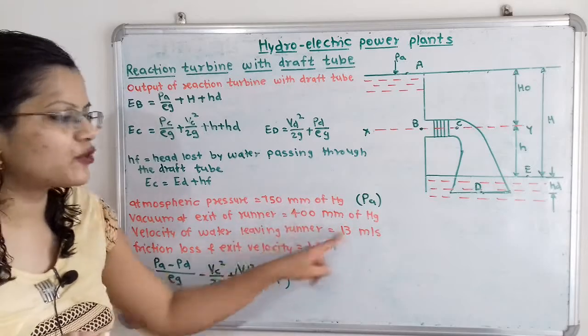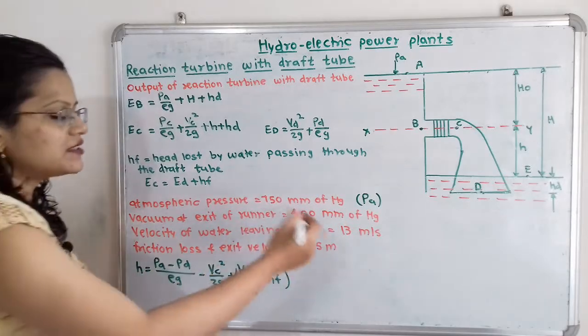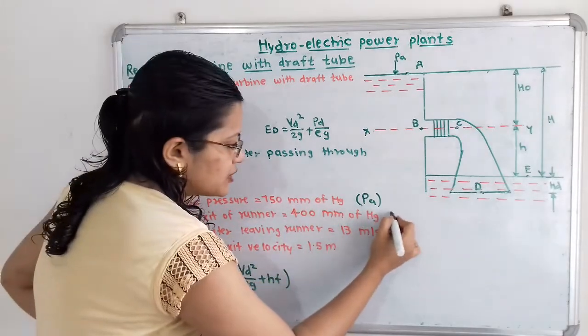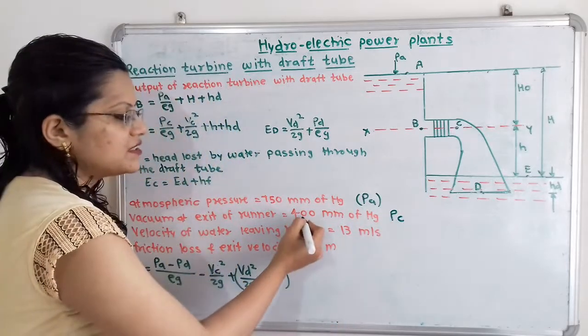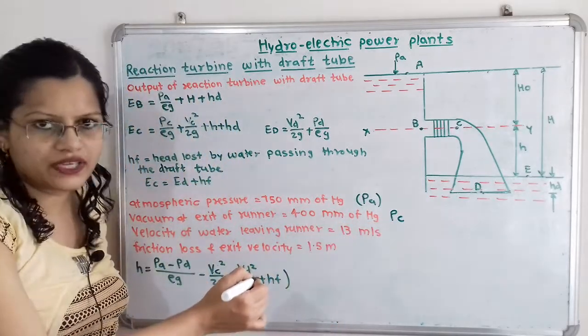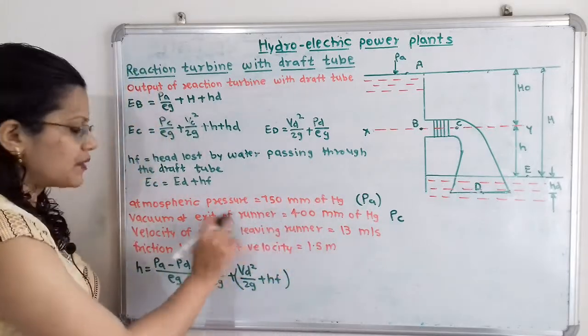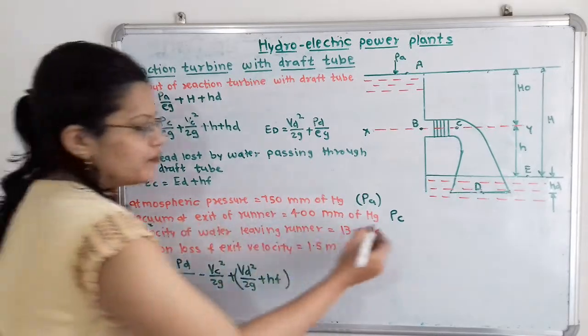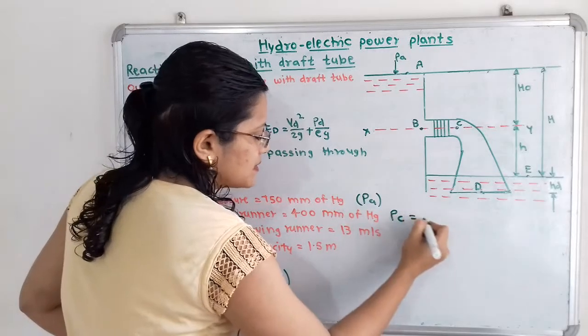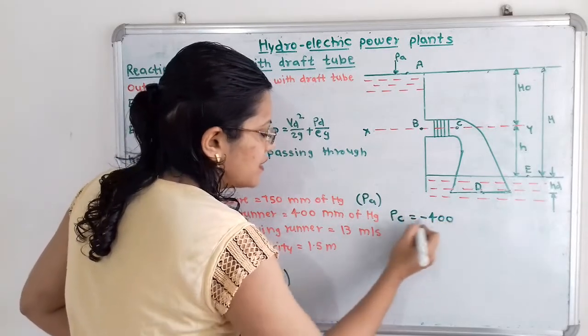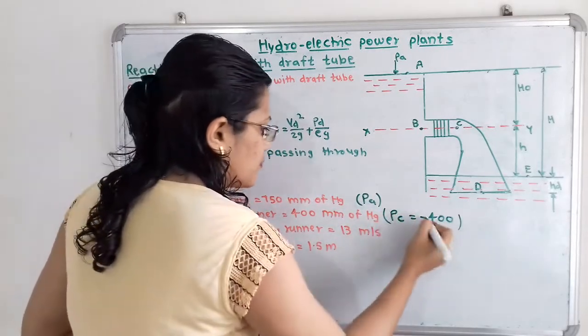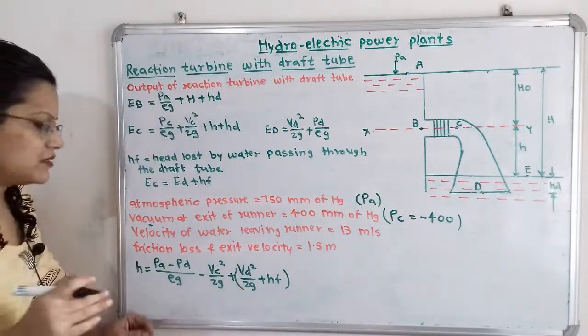So we will say that the pressure at point C, PC is 400 mm of Hg. But here we have to give the minus sign because this is the vacuum. So we will say that PC is equal to minus 400 mm of Hg. So here I will write only minus 400.